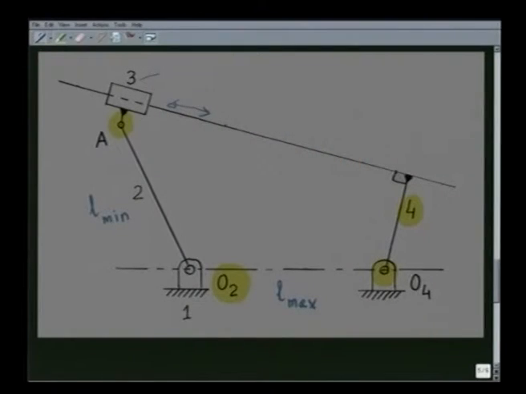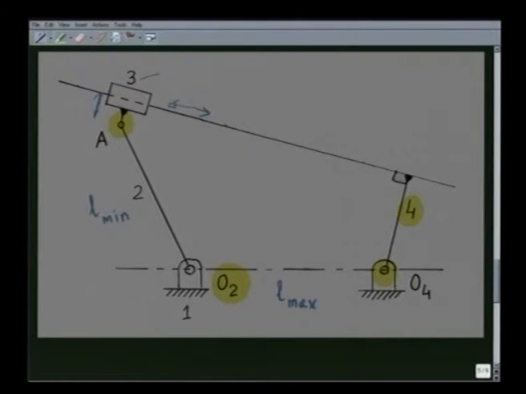One should not be confused by this dimension. This dimension has no kinematic significance, because the location of this revolute pair A I cannot change, but the prismatic pair between 3 and 4, which is along this direction, I could have drawn it through A. This is the prismatic pair direction, and this perpendicular distance from O2 up to this direction of the prismatic pair, that is the other kinematic dimension E, which we call offset.